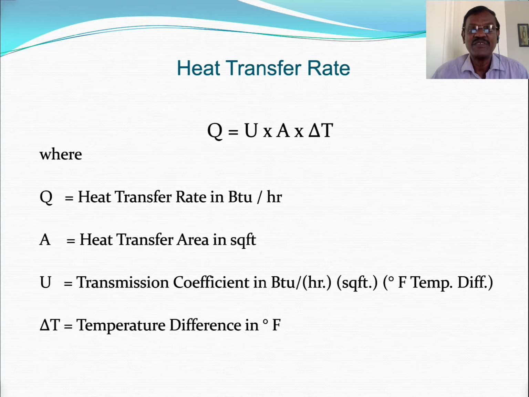So if U value is closer to 1, your heat transfer rate is high. When U value is closer to 0, the heat transfer rate is less. So from this you know what is the importance of the U factor.